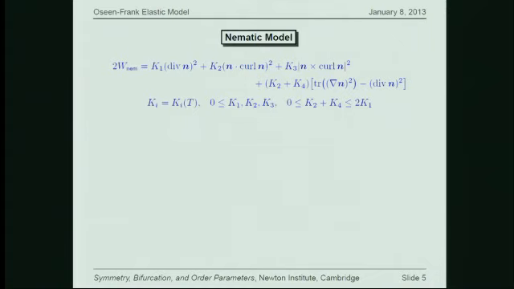Sometimes this constant is referred to in this way as a combination of K2 plus a new constant K4. Sometimes this constant is referred to as K sub 24. Either way, these are the four terms that go into the basic uniaxial, or basic nematic, version of the model. The elastic constants, these K's, are the Frank elastic constants.